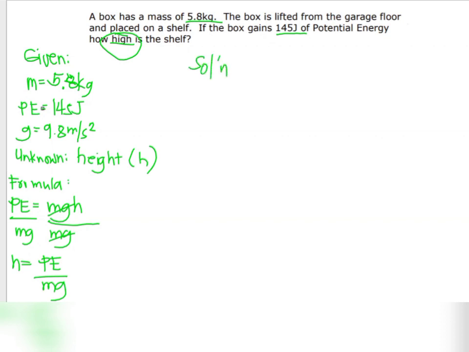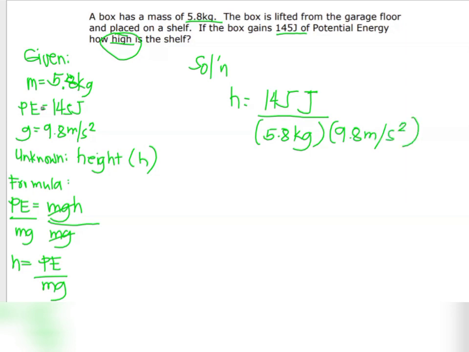So, ganun pa rin. h equals, what is our PE? 145 joules. Baka malito kayo sa 5 at saka sa J ko. Divided by, the mass is 5.8 kilograms. And of course, g, or acceleration due to gravity, is 9.8 meters per second squared.